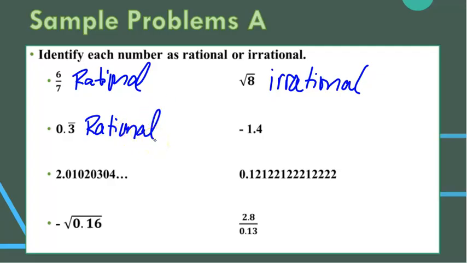Negative 1.4, since this terminates, this cannot be irrational, so this is rational. 2.01020304 and so on. There is a pattern, but it's not repeating, so this keeps going on. That's what the ellipsis at the end means. So this is irrational.